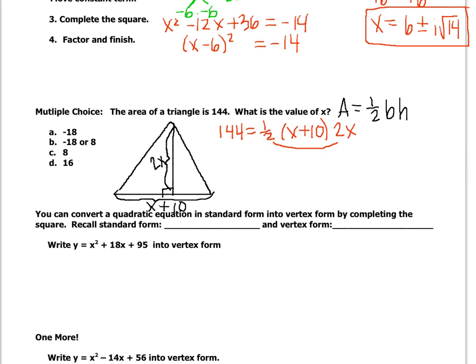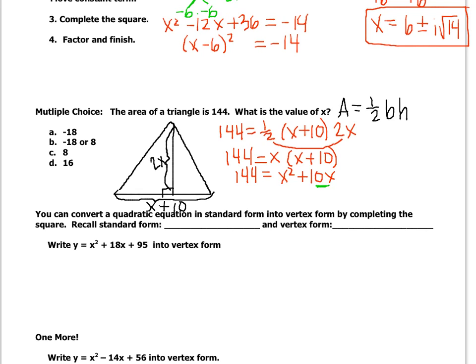I can multiply these together: half times 2x is just x, times x plus 10 equals 144. I can't solve it this way yet, so I want to distribute my x. I'm going to have 144 equals x squared plus 10x. Now I'm going to use completing the square so that I can factor this better.